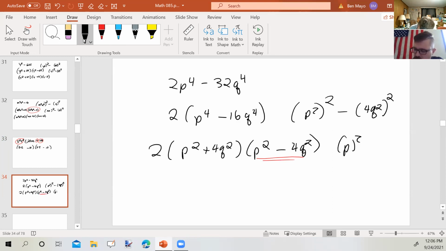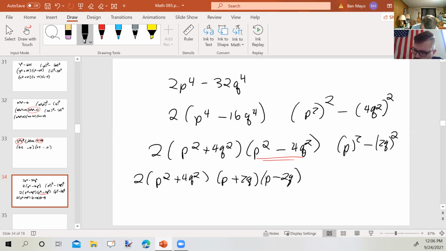It's p squared minus 2q, the quantity squared. So we've got 2 times p squared plus 4q squared times p plus 2q times p minus 2q. Again, it just goes on and on and on. All righty. Any questions there?